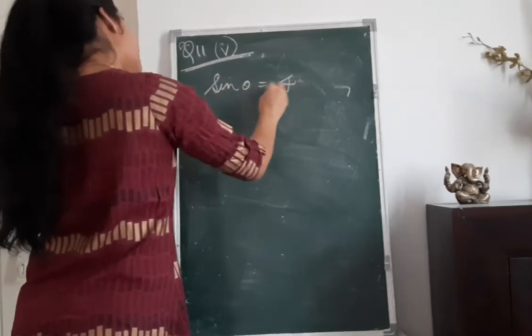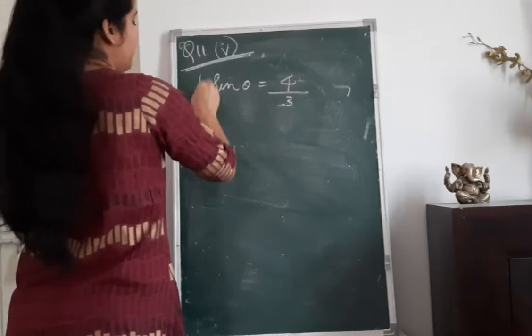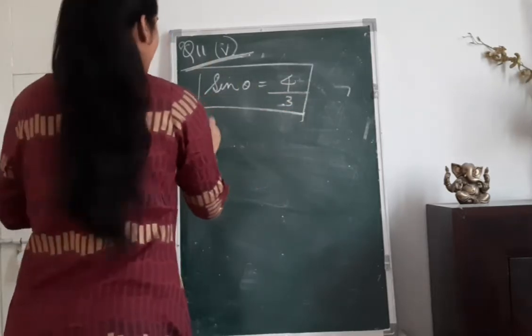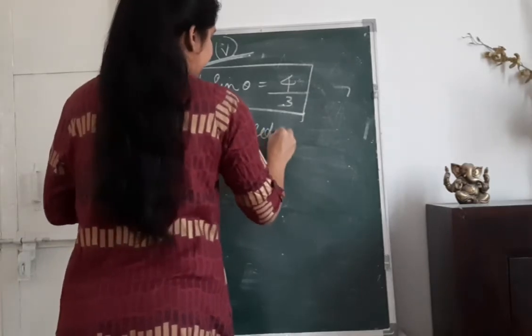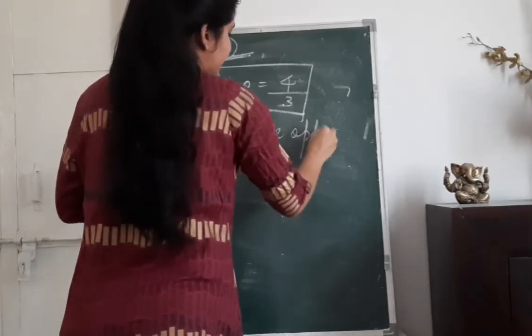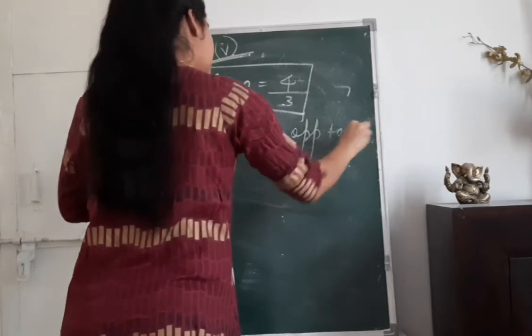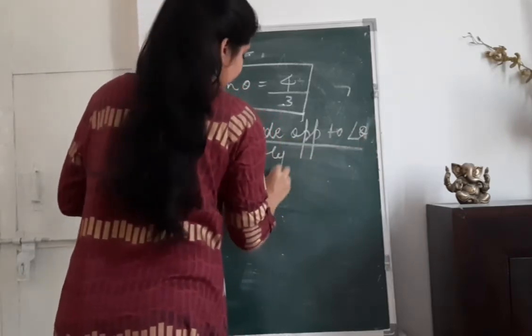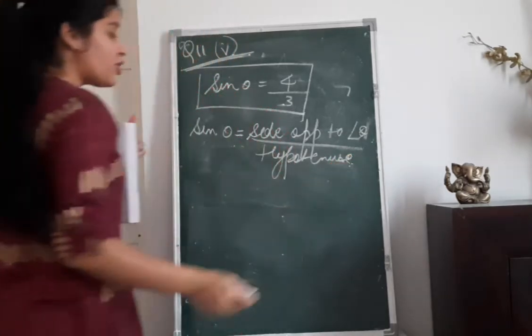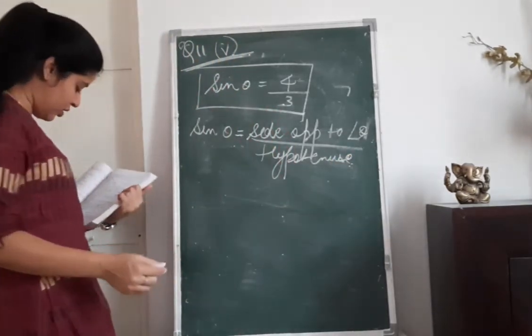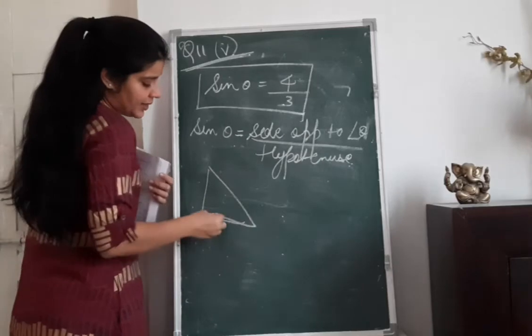Sin theta is equal to 4 by 3 for some angle theta. What is sin theta equal to? Side opposite to angle theta upon hypotenuse. As mentioned in the previous question, I think in second part, let us see this is a triangle.